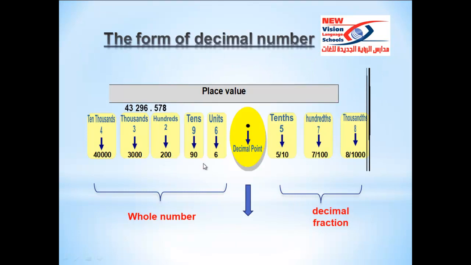The first digit after a decimal point is called tenths, the second digit is the place value hundredths, and the third digit after a decimal point is thousandths. And the whole number, as we talked before, has place values unit, tens, hundreds, thousands, ten thousands, and so on.